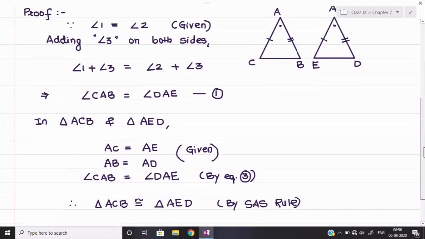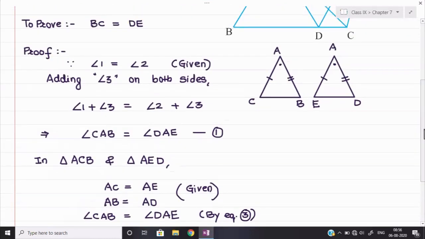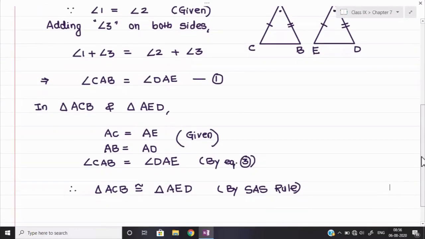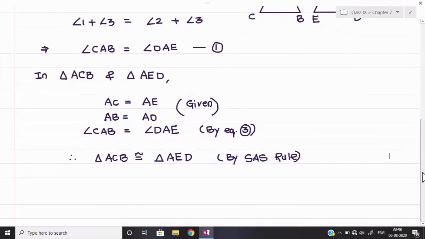So in those two triangles, whichever are the remaining corresponding parts, one corresponding part is BC and DE. So BC and DE will also be equal because now my triangles are congruent. So all the corresponding parts will be equal. Whichever are given equal, they are equal only. But whichever is not mentioned, they will also be equal now.